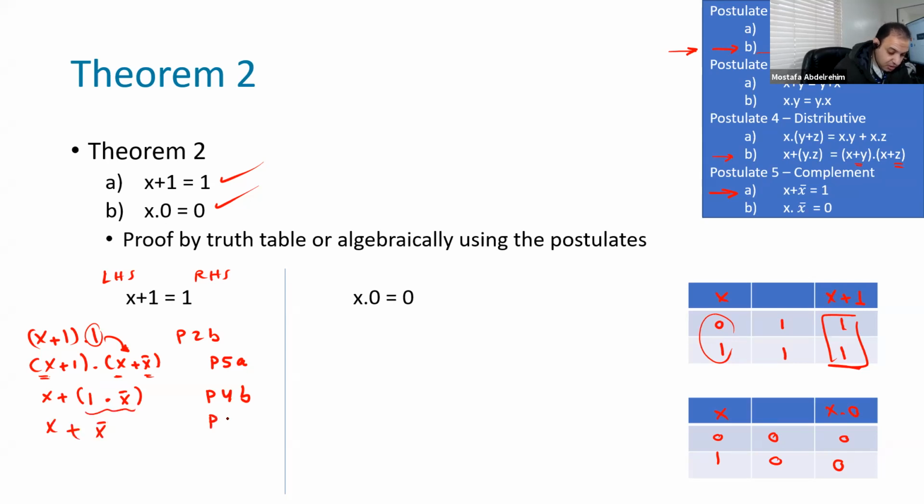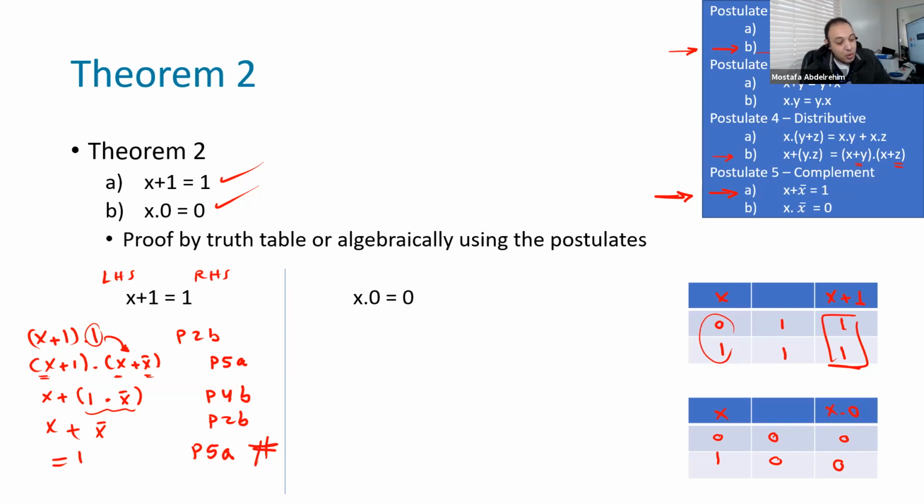This is postulate 2b. And finally, x or x bar, if we look here at postulate 5a, this is actually equal to 1. So this is equal to 1 from postulate 5a. And that's the end of it, that's what we wanted to prove.